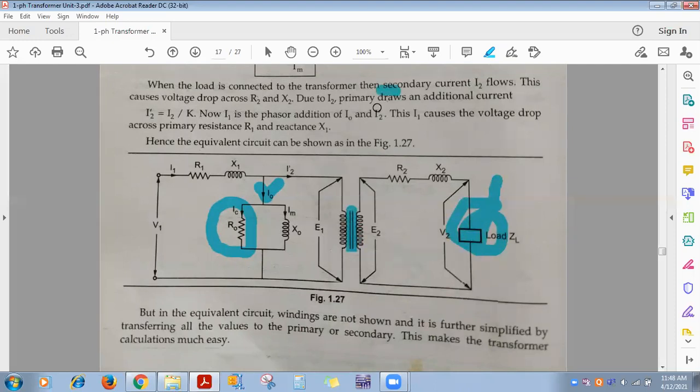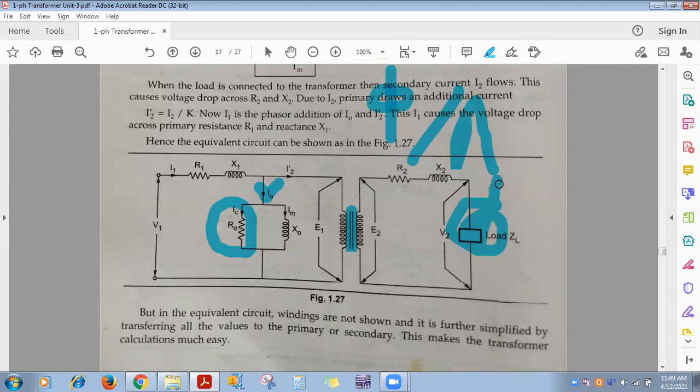If flux in the core remains constant, flux density in the core remains constant, because flux density is flux per unit area. We have seen the formulas for hysteresis loss and eddy current loss, with constants k suffix h and k suffix e, B max square, and frequency in the formula.